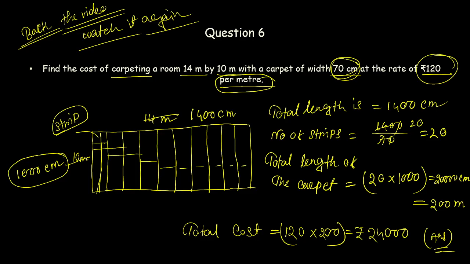Now how do we calculate the total length of those strips? Oh sorry, this is the total length, and this is the number of strips. This is the total length of the carpet, right? How do we calculate it? Number of strips, that is 20, multiplied by the breadth of that room. See, the breadth of that room.